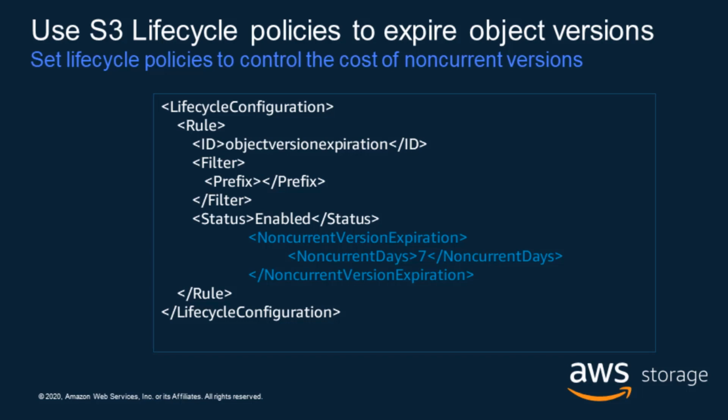But depending on your business, that could be a shorter or a longer period of time. We have a slide later on that talks about rolling back deletions, for example, or rolling back overwrites. When you put in an expiration policy, it gives you that window of time to identify that something was unintended and then bring back that object. So the longer the period of time you set here, the more time you'll have to identify something and then correct it.